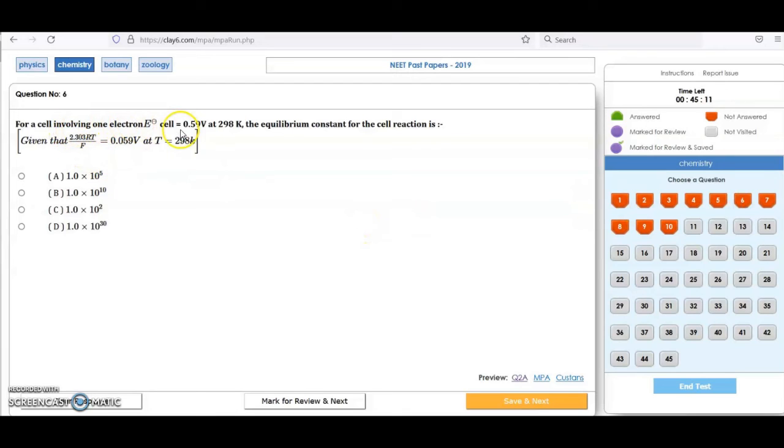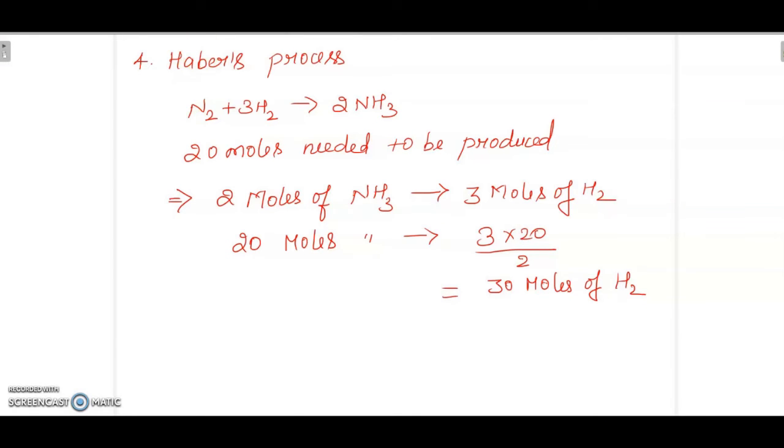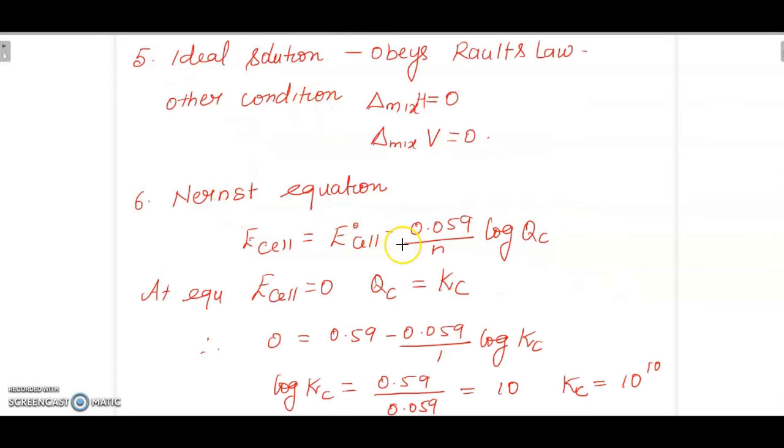For a cell involving one electrode, E0 cell is given as 0.59 value at 298 Kelvin, and they are asking us to calculate the equilibrium constant for the cell reaction. This is also a very simple application where we use Nernst's equation. E cell is equal to E naught cell minus 0.059 by n log Qc.